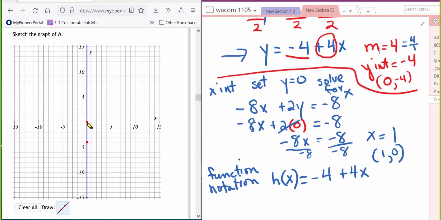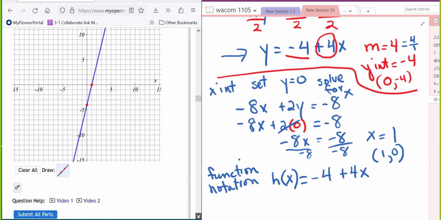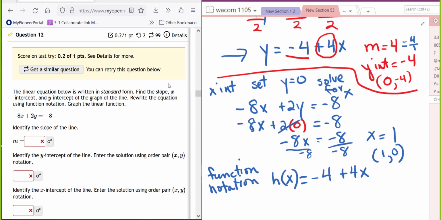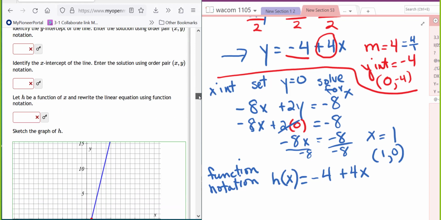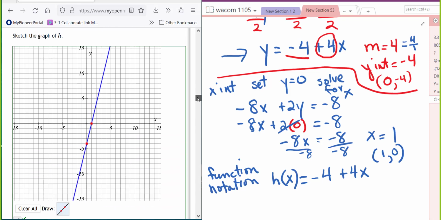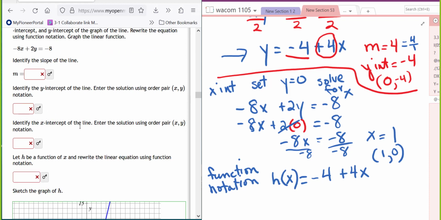So this would be 4 and over 1, and click. And we will check that one. So my graph was right, and these I didn't put in. You're good there. That's equivalent to what we had. It would accept what we had.